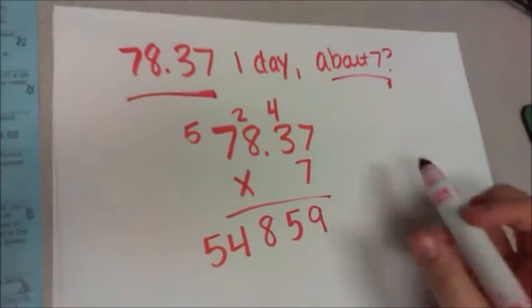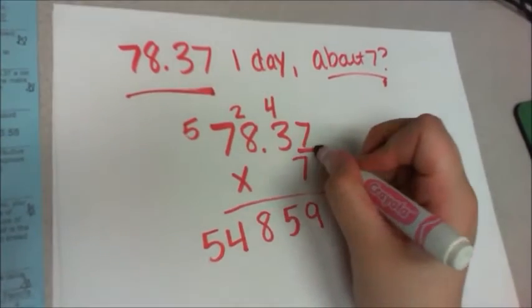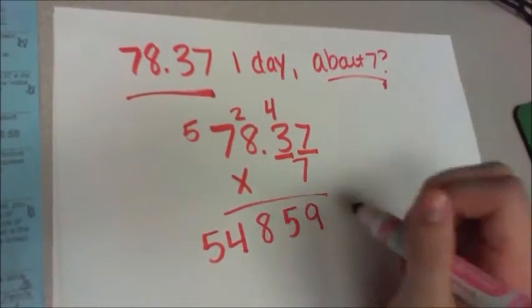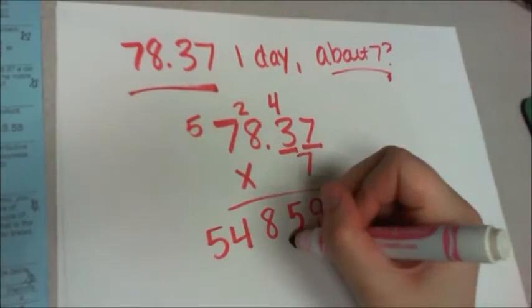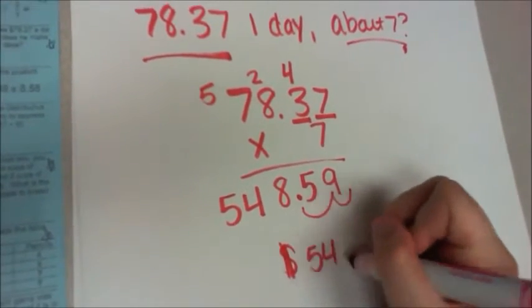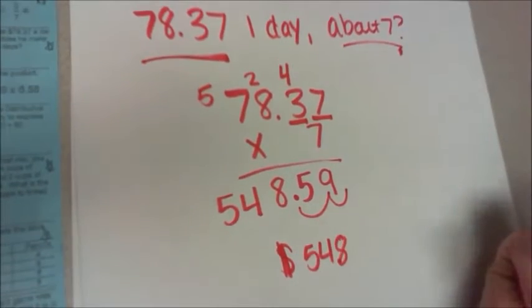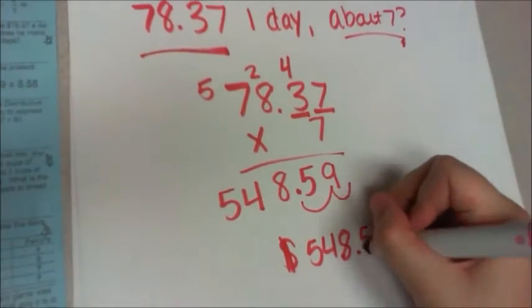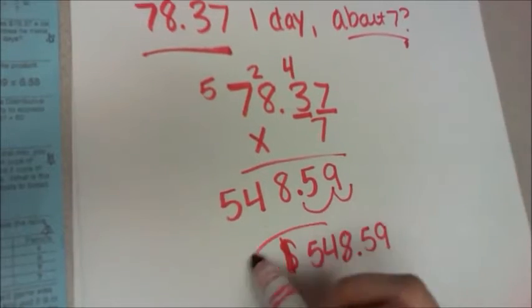Now we need to put our decimal in. We see with our multiplication that the decimal point has 2 numbers behind it, so we move it over 2. Which means Kevin would make $548.59 in 7 days.